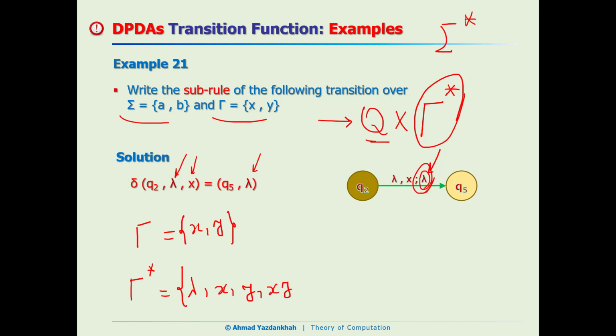You remember that we had this sigma star, all possible strings that can be made by this xy, right? So as you see, lambda exists here, so we don't need to union the lambda here, right?